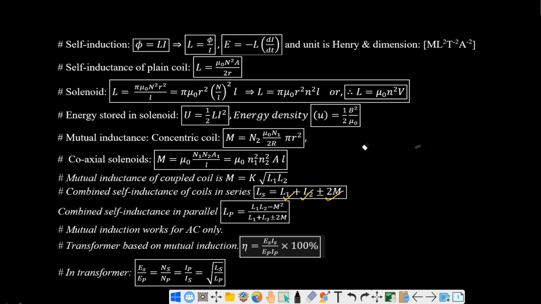Similarly, combined self inductance in case of parallel like this one, this way.